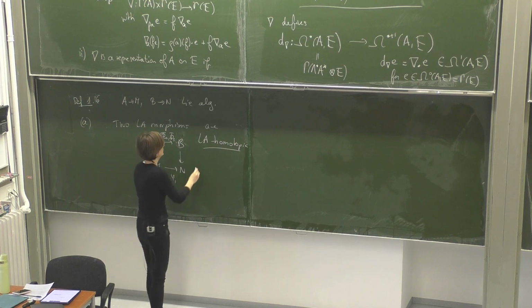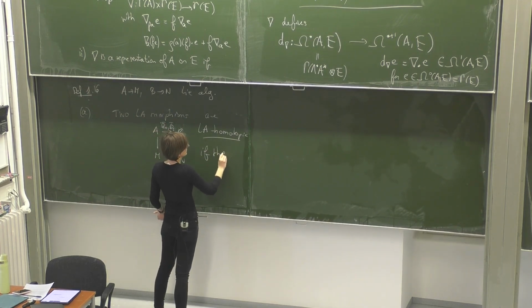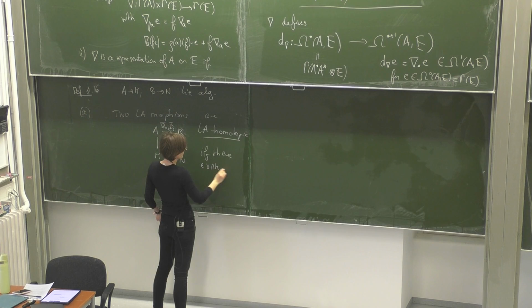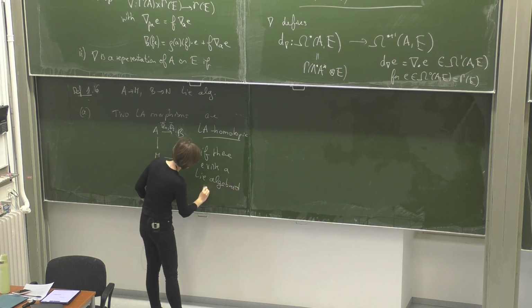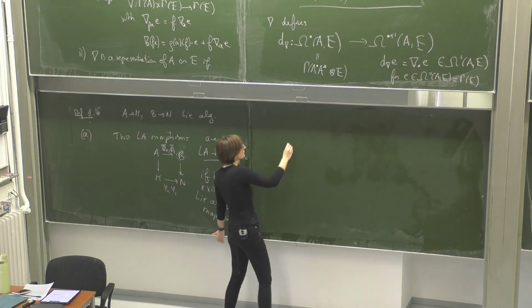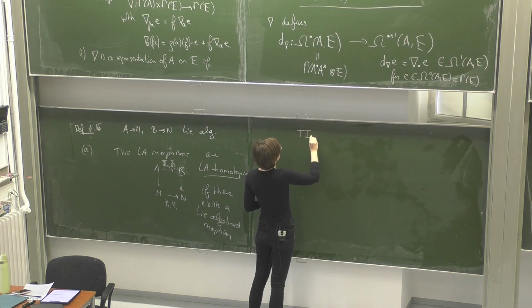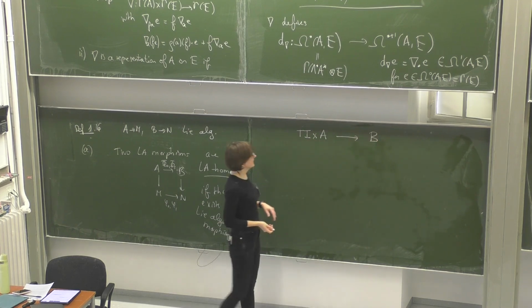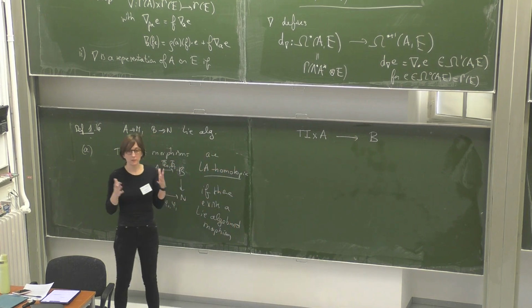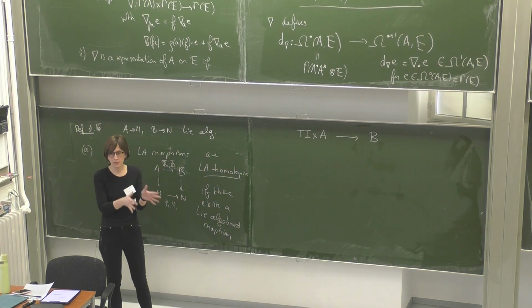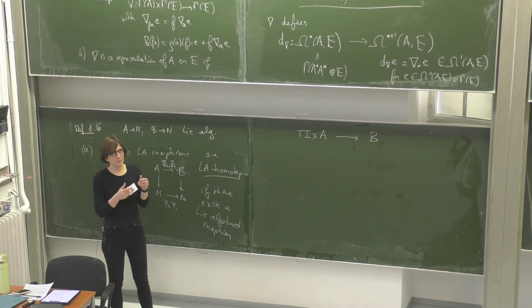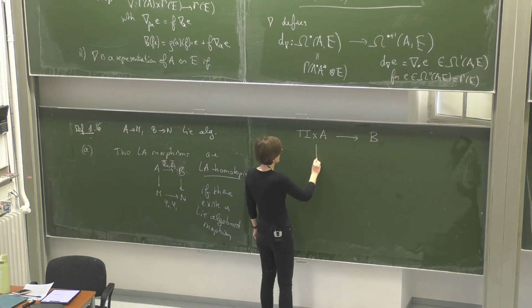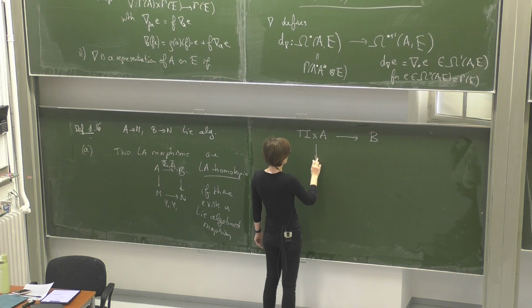If you have the algebroid morphism from the product TI times A. I didn't say that, but if you have two algebroids, you can define the algebroid product. That's pretty straightforward, but I guess a bit technical when you define it precisely.